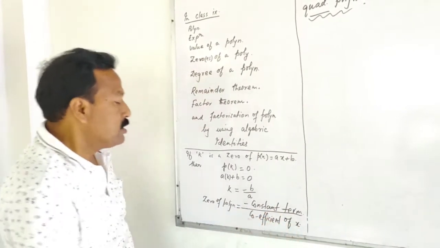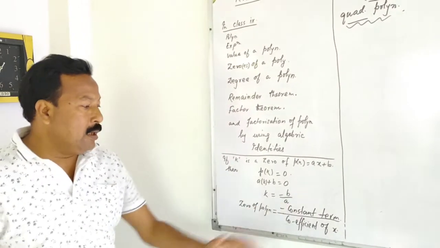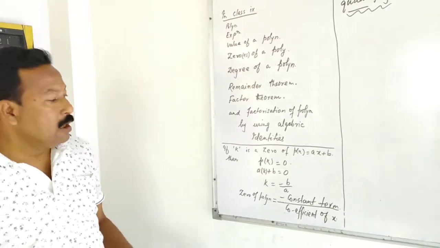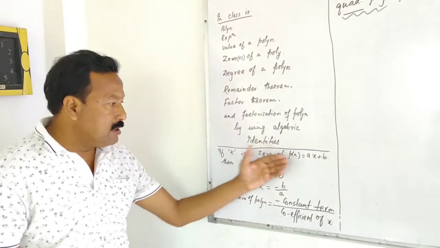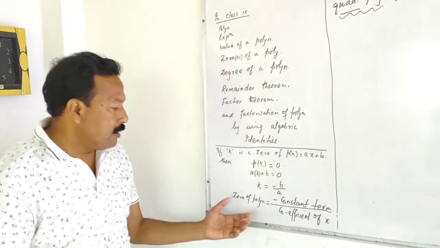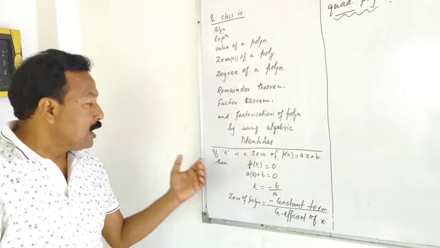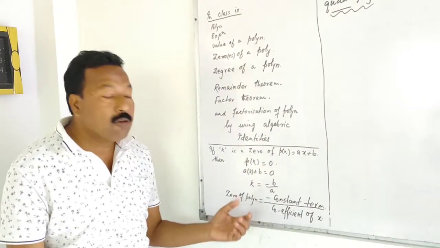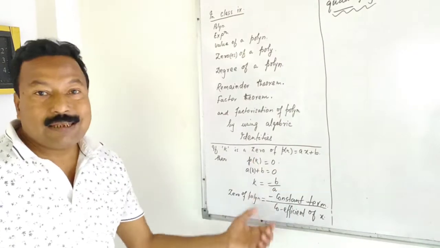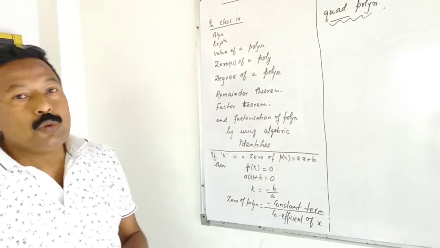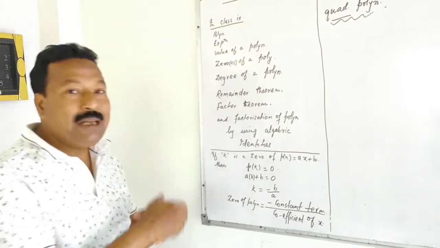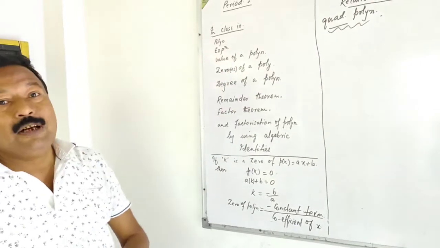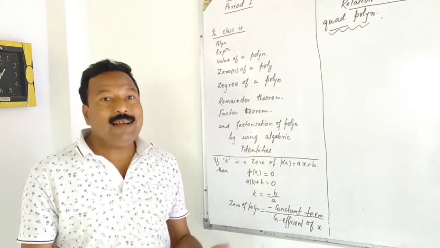At this moment, you can see clearly this is a linear polynomial, and the zero of a linear polynomial completely relies on, or is dependent on, the constant term and the coefficient of x, that is the variable. Does the same nature of relation between coefficients and zeros hold for other polynomials of higher degree?